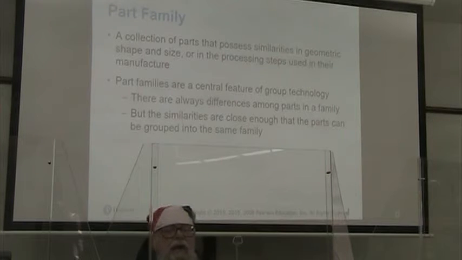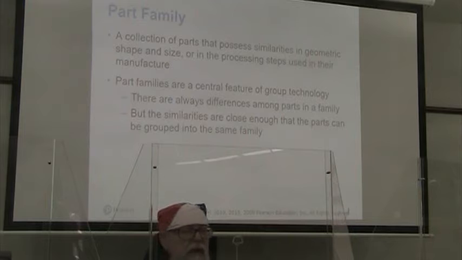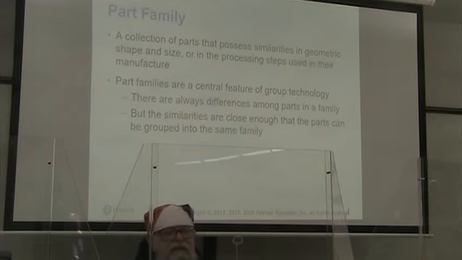So a part family is a collection of parts possessing similarities in geometric shape and size, or in the processing steps used in their manufacture. So our parts may look nothing like each other, but still have similar processing steps that cause them to be put into the same cell.